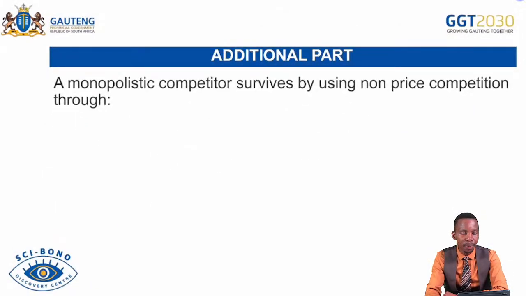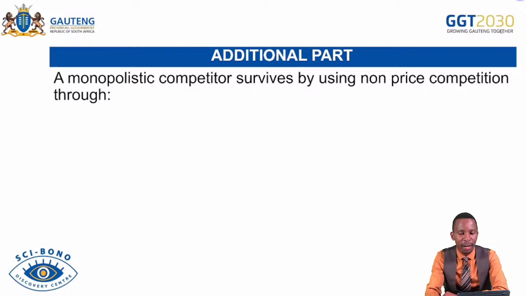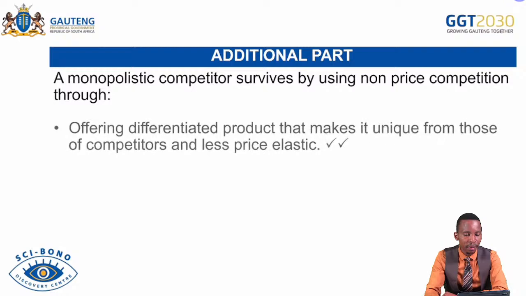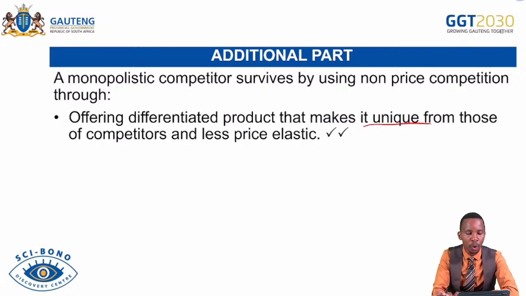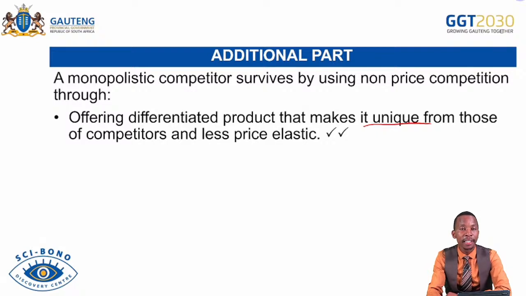And then these are the responses. A monopolistic competitor survives by using non-price competition through the following: offering differentiated products that make it unique from those of competitors and less elastic. If products are differentiated, then that product will appear more unique to those of the competitor and it will be less elastic.